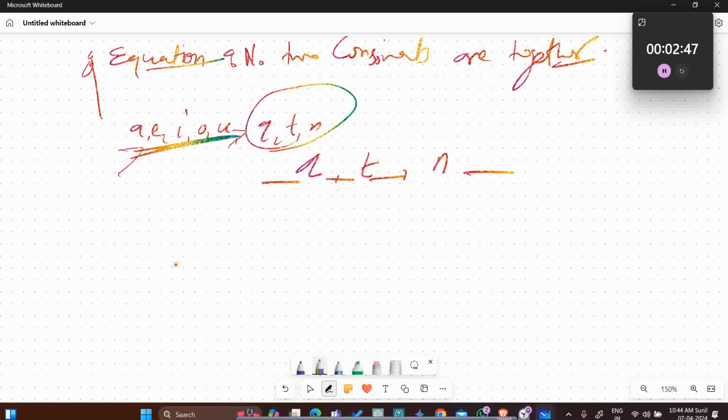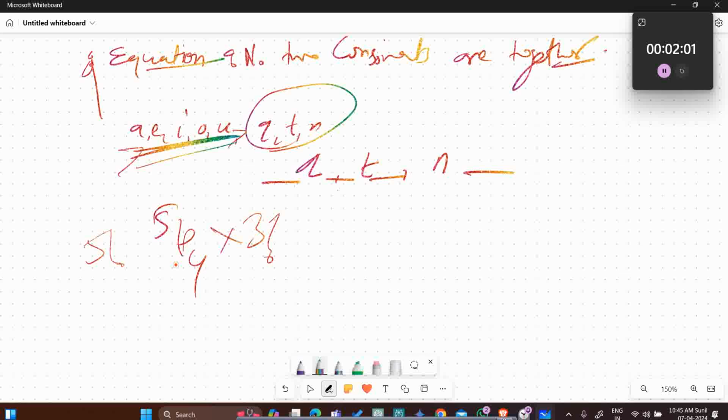Without repetition, it would be 5P4, and 3 factorial, and 5 factorial also.